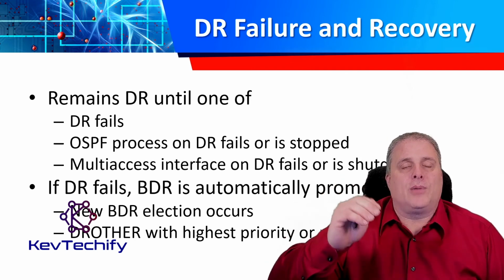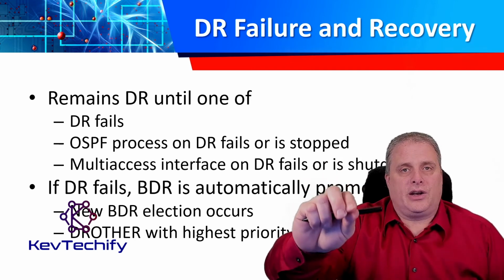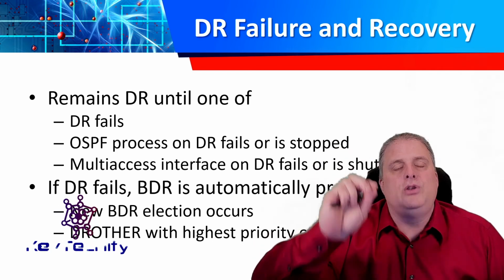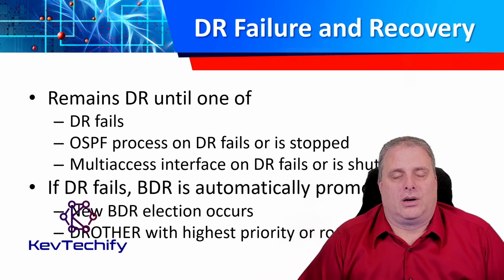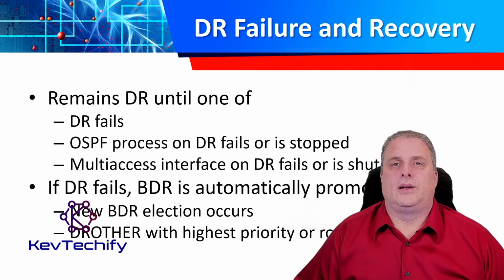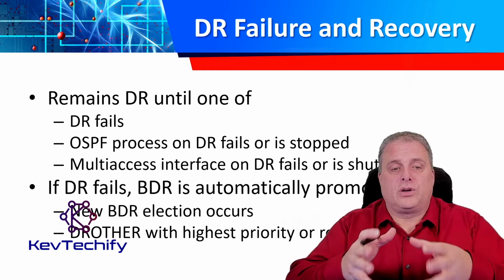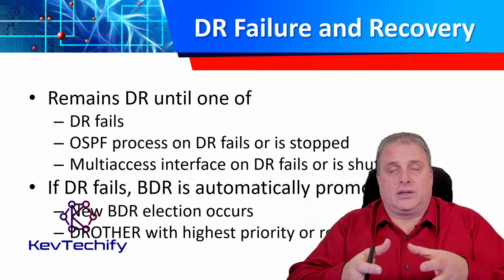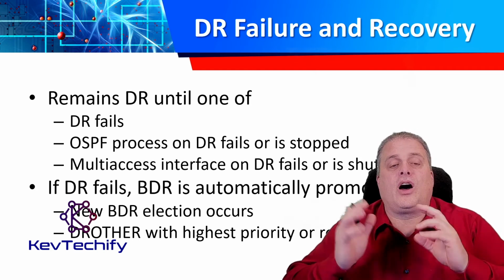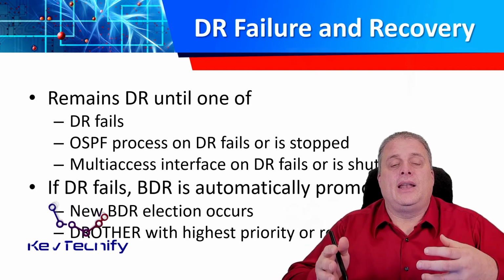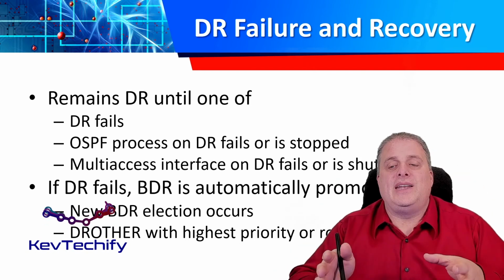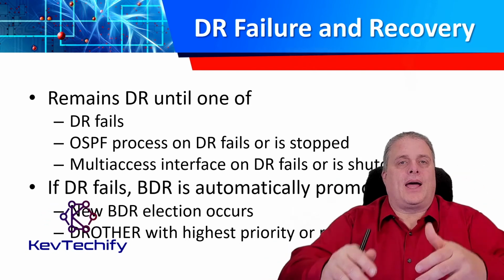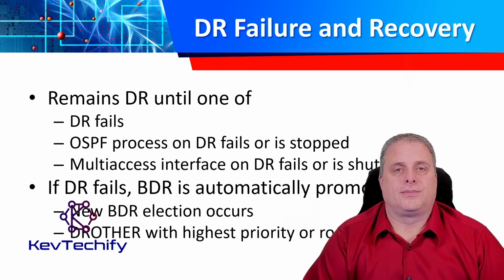When that backup designated router becomes a designated router, we start a new election process to get a backup designated router. Any of the OSPF routers in your area that were formerly a DR other router, they can now go into election process. The highest priority or router ID is now elected the backup designated router.